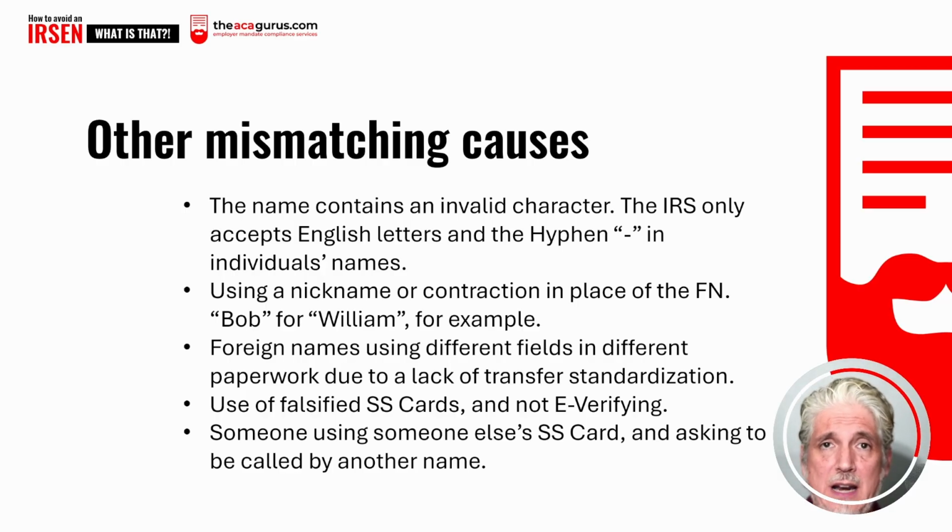For example, in Latin America, most countries have a first name, second name, and then the last name of the father, and then the last name of the mother. Okay, for starters. So here in the United States, it's only first name, middle name, and last name.